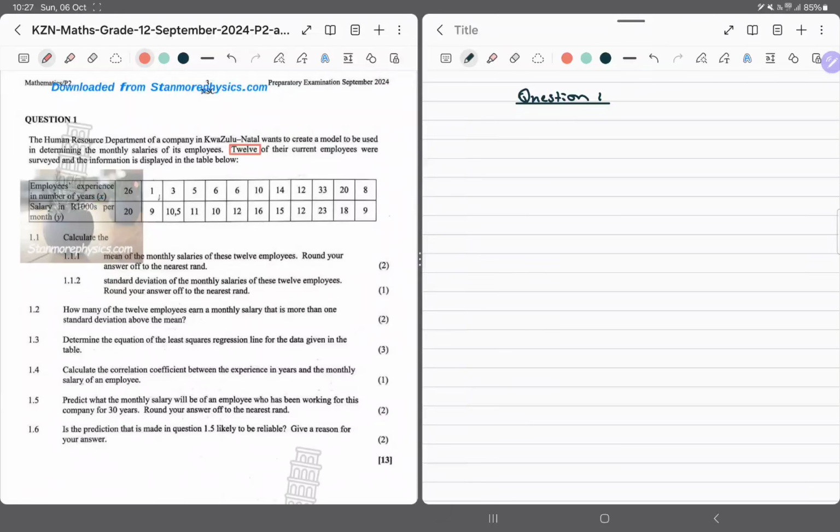So we go to mode, then we choose option 3 stat, then option 2, which is a plus bx. We want that bivariate table.